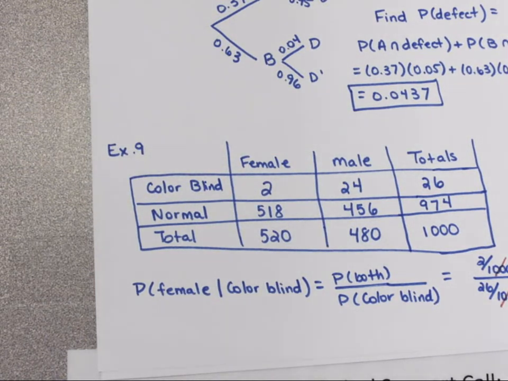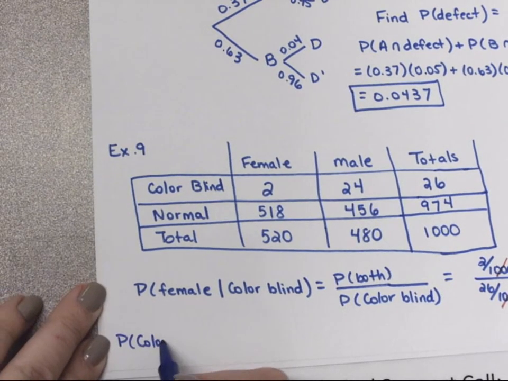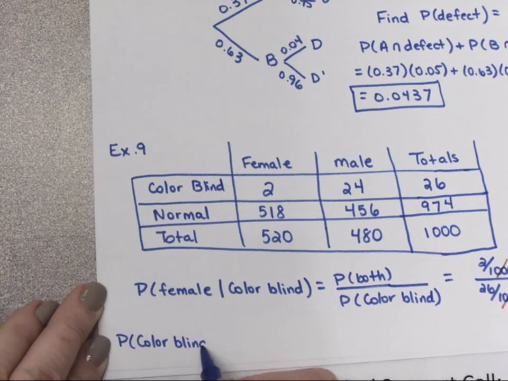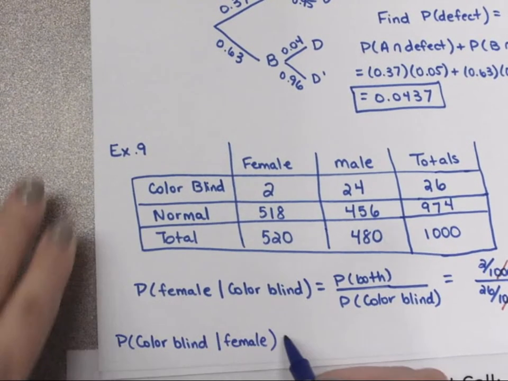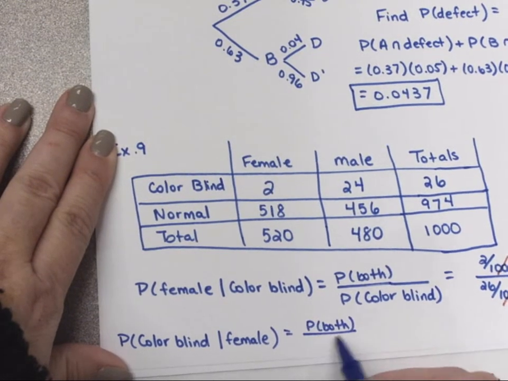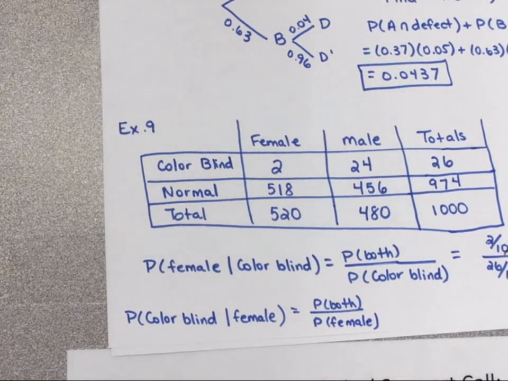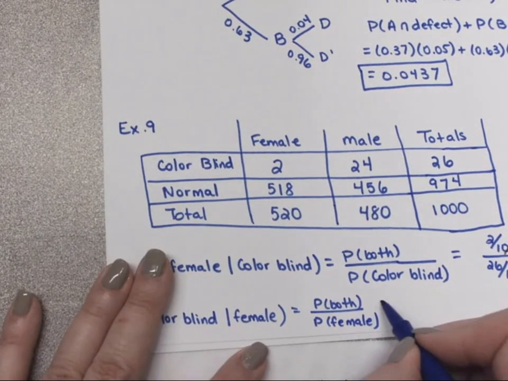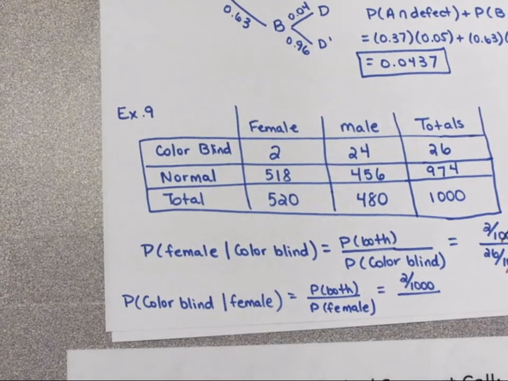Notice that if I asked you for the other way, we're going to do it just really fast. The probability of colorblind given that they're female is not the same, right? That would be the probability of both over the probability of what? Female. The probability of both is the same, so the numerator's the same, but what's going to be different?